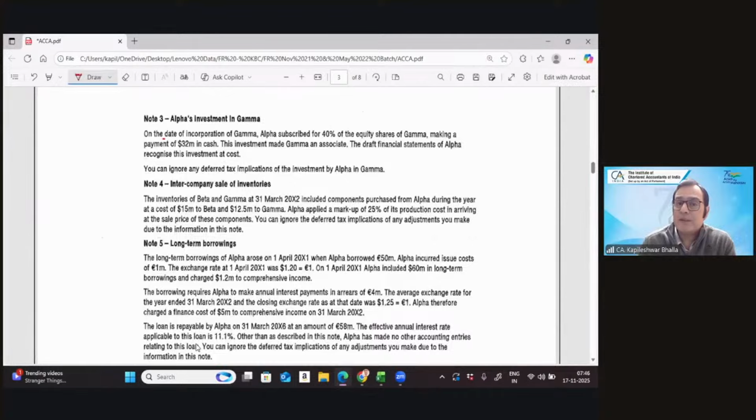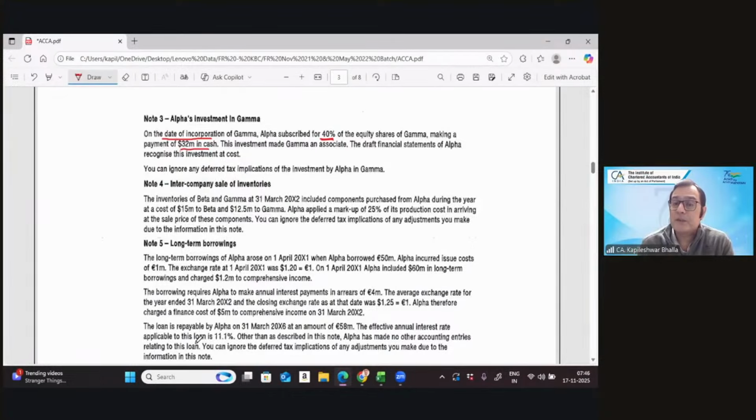Then he says on the date of incorporation of Gamma, Alpha got 40 shares in Gamma. So in this particular case, Alpha acquired a 40% stake. That means it becomes an associate. And that would trigger the concept of Ind AS 28, which is supposed to be a one-line consolidation. And then it says it made a payment of 32 million in cash.